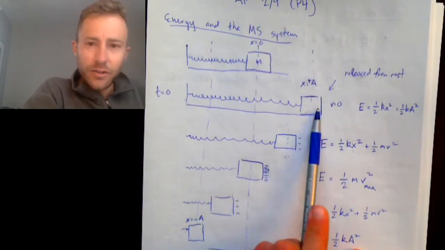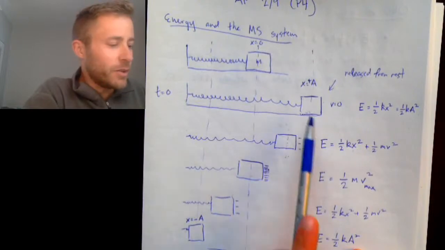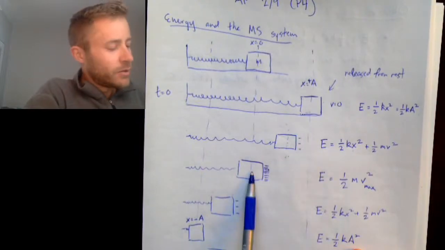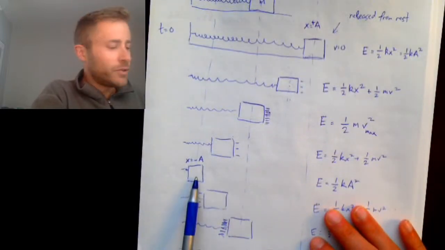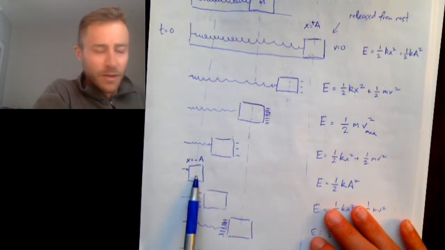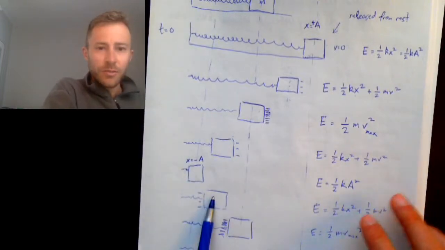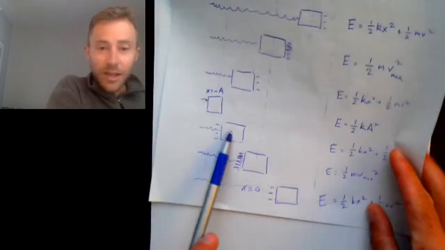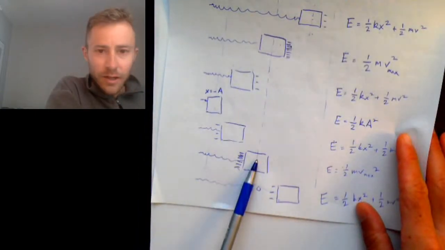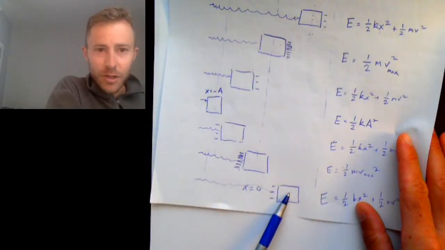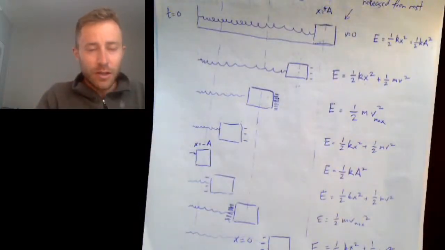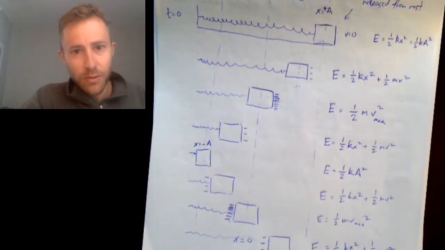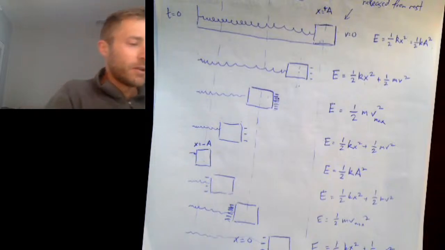So see how we exchanged, in going from here to here, from elastic to kinetic, some elastic and some kinetic, all potential energy. So we've changed from all kinetic to all potential. Then some potential and some kinetic, all kinetic, some potential and some kinetic, all potential. So it just goes back and forth between potential and kinetic energies over and over again. So we're exchanging between those two to make simple harmonic motion.